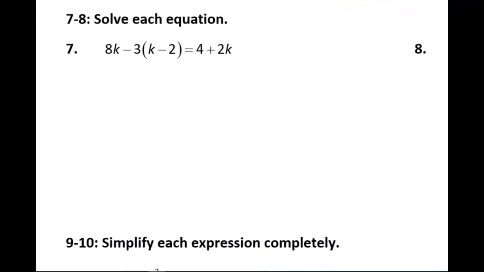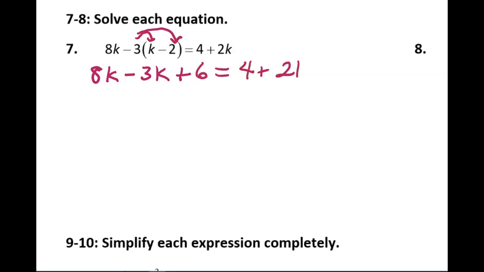In number 7, we're going to solve for the variable k. So we need to use the distributive property first to get rid of those parentheses. So negative 3 times k is negative 3k. Be careful with the next distributive. Negative 3 times negative 2 is positive 6. On the other side, 4 plus 2k. Let's clean it up.